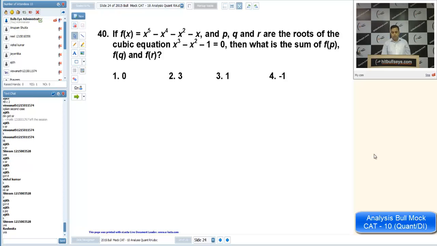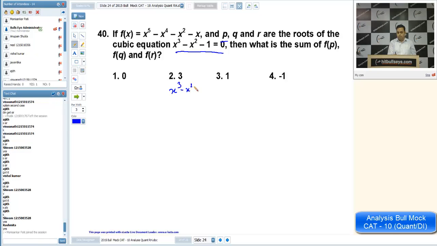Now, it is given that P is the root of this cubic equation. If P is the root of this cubic equation, that means the equation is x cube minus x square minus 1 equal to 0. Since P is its root, P will satisfy it. It means P cube minus P square minus 1 equal to 0 will be true.